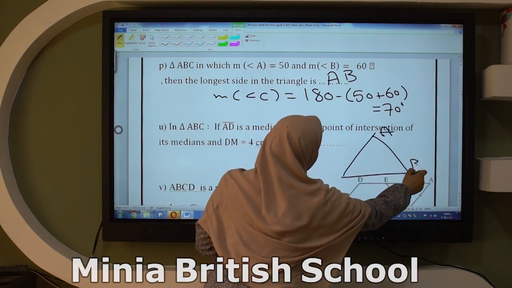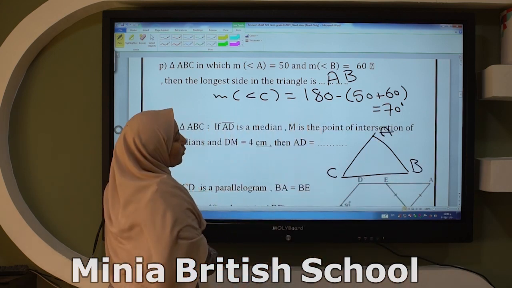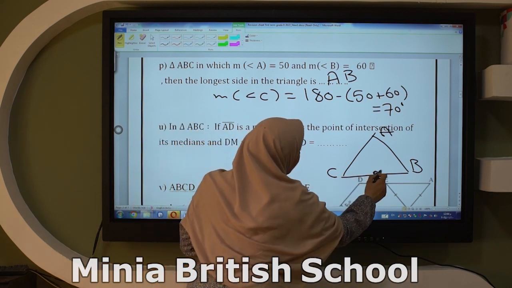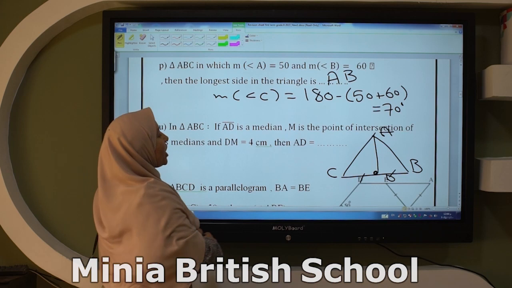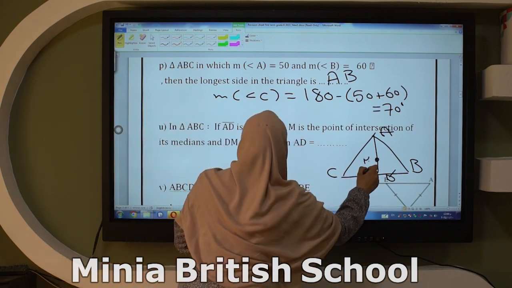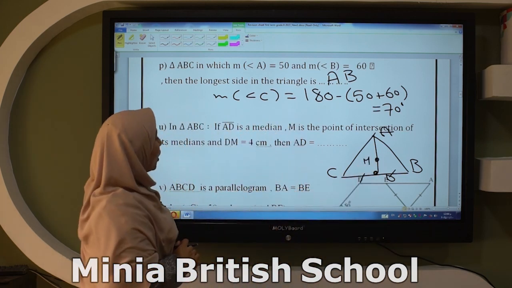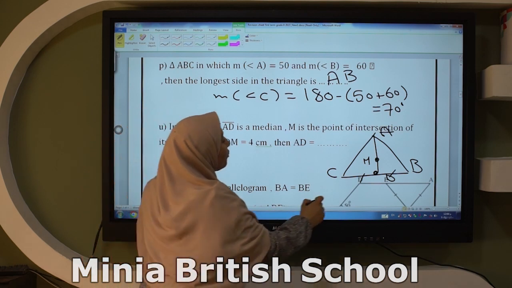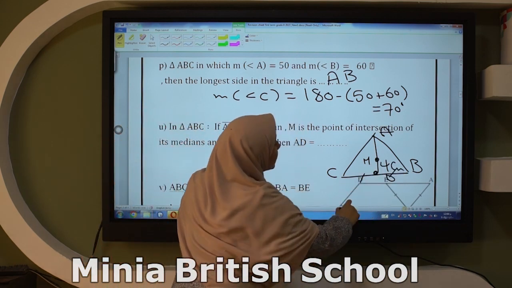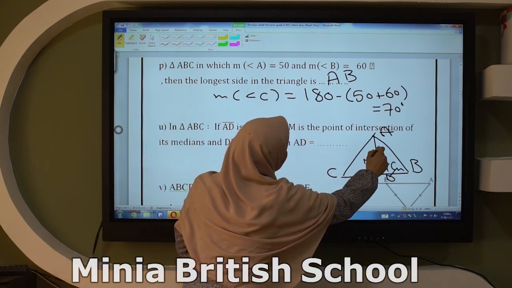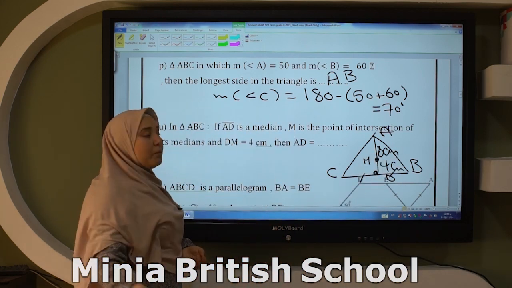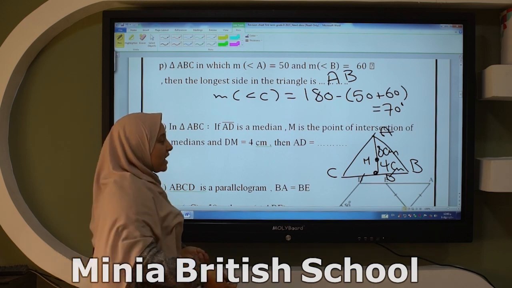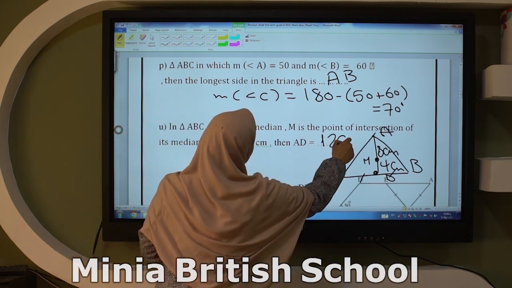A here is a vertex, and D the midpoint of BC, because AD is a median, where M is the intersection point of the three medians, where DM equals 4 centimeters, then AM equals also 8 centimeters, then the length of the median equals 4 plus 8 equals 12 centimeters.